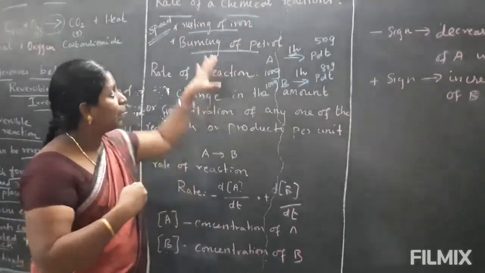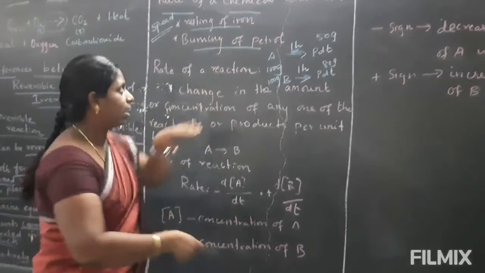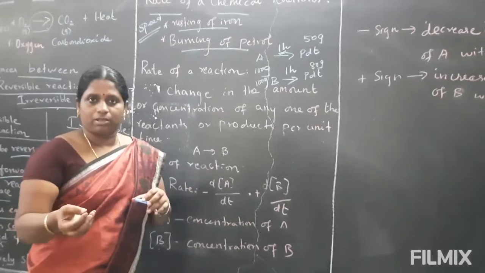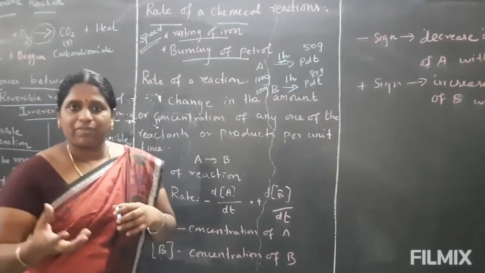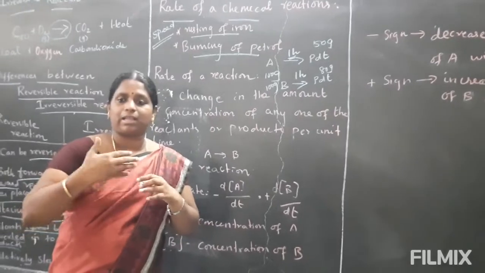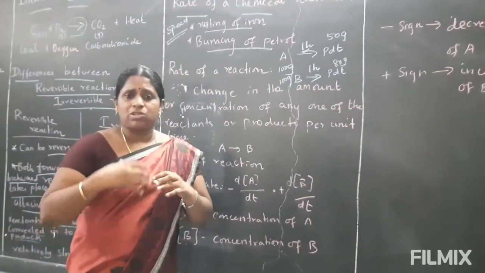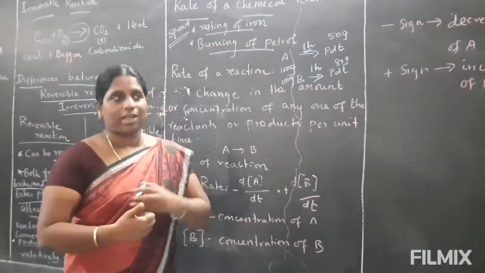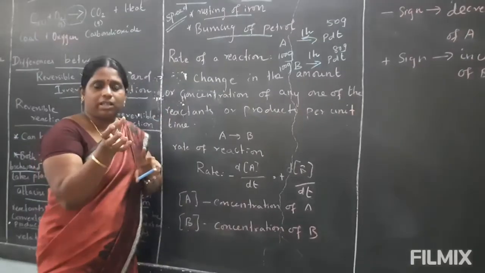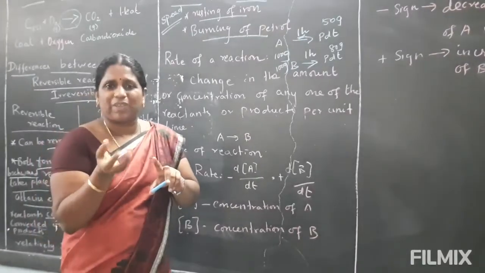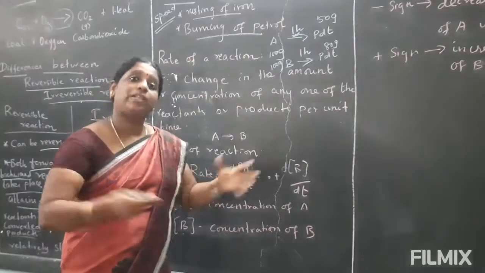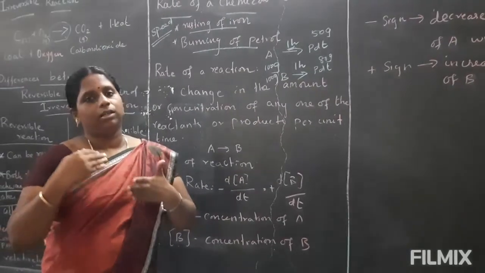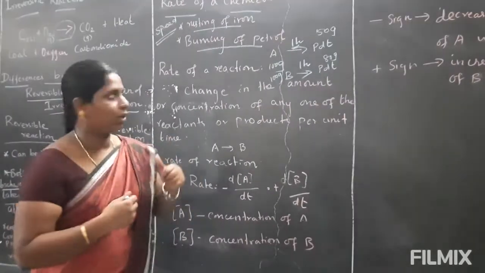But burning of petrol: if I start to drive a vehicle, the petrol has to undergo a chemical reaction to drive the car. That reaction happens suddenly, in a very short time, but rusting of iron takes a long time. So like that you have to compare the speed or time of a chemical reaction.